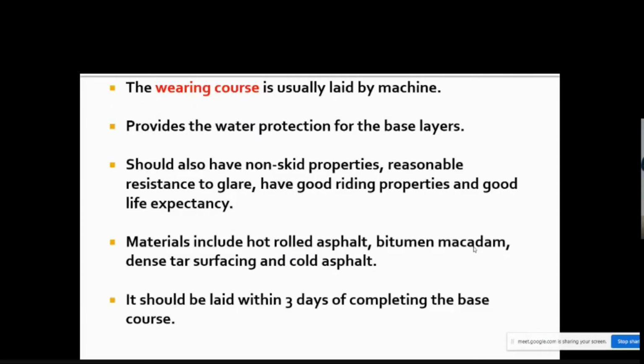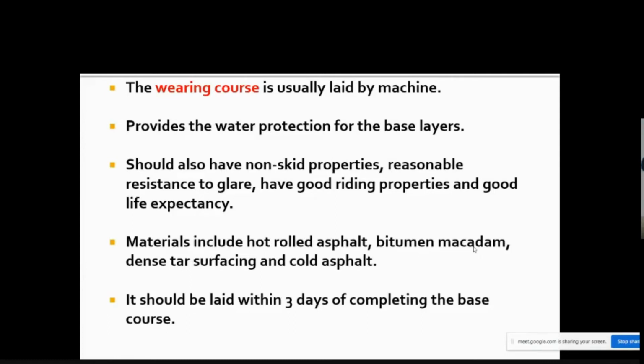The wearing course is usually laid by machine. This one is usually just pasted. It provides water protection for the base layers. It also has non-skid properties. Non-skid properties means, as I said, you wouldn't sway on the road. Non-skid means you don't slip, it grips your tires. Reasonable resistance to glare. On some roads when you drive, you can't see well, so they will reduce it.